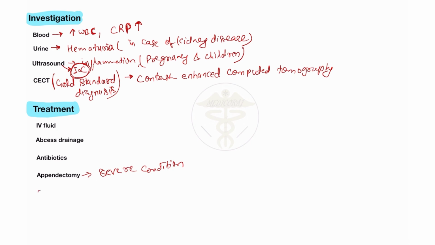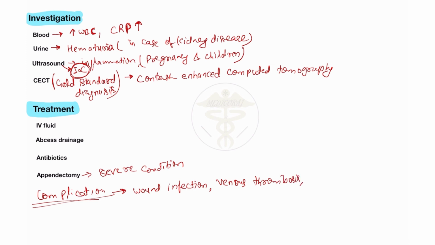What are the complications? When you do an appendectomy in the patient, you will see complications. You will see wound infection, where the incision occurs. Also you will see venous thrombosis in the patient, and also intra-abdominal abscesses.